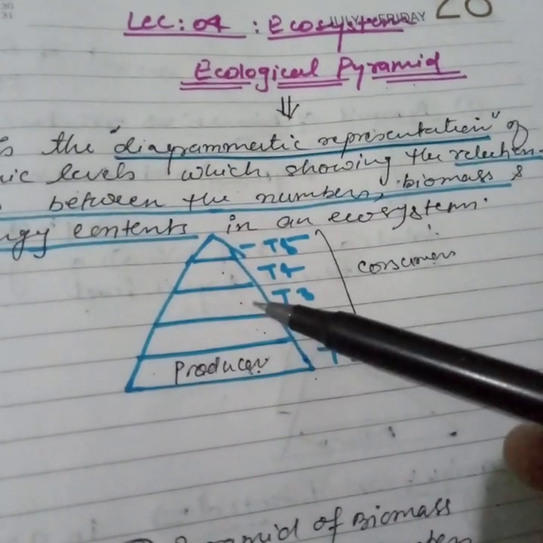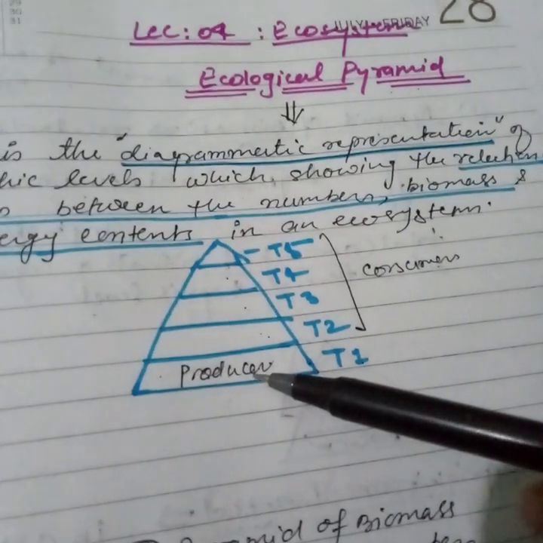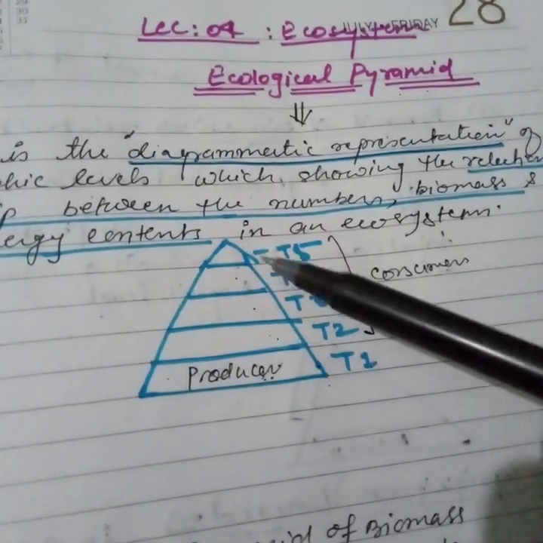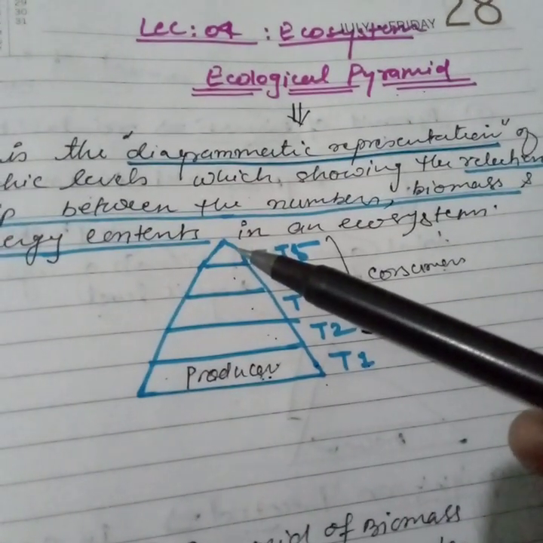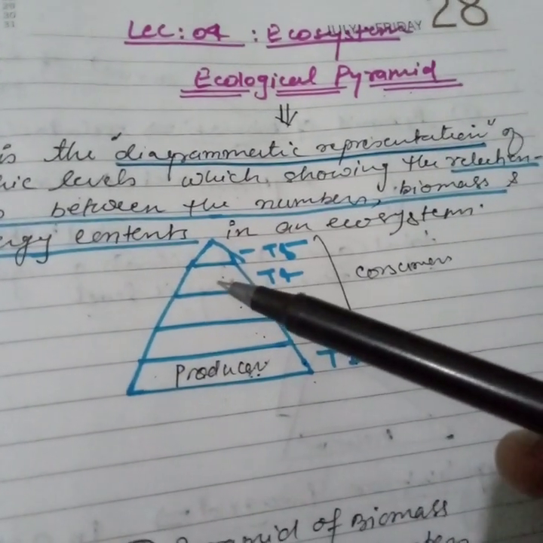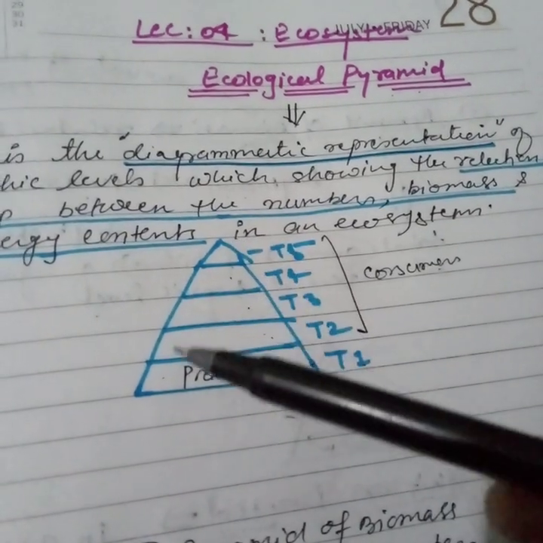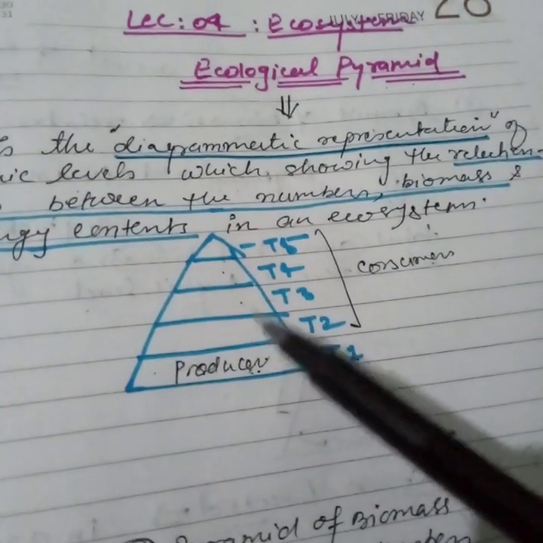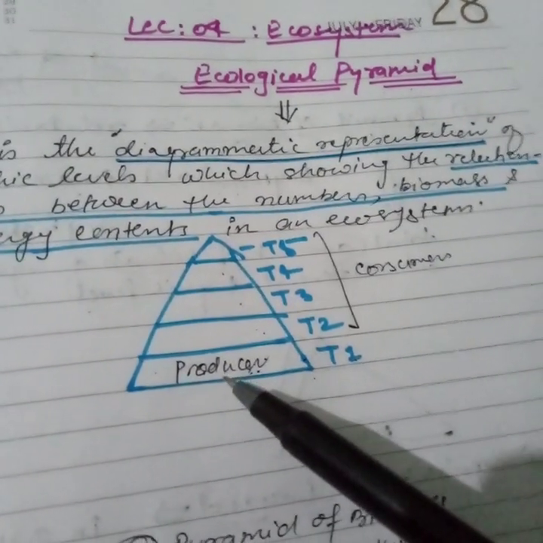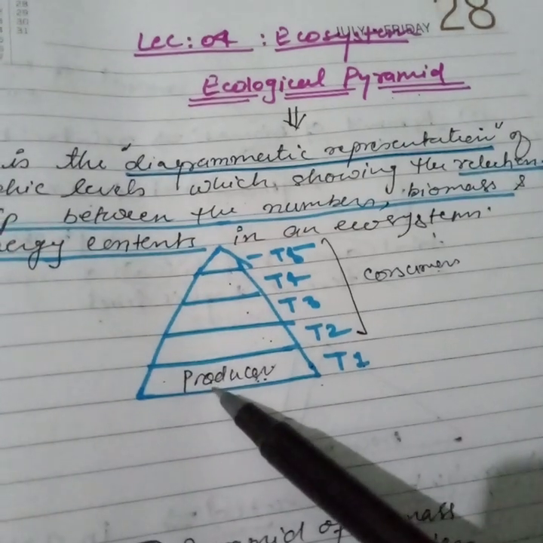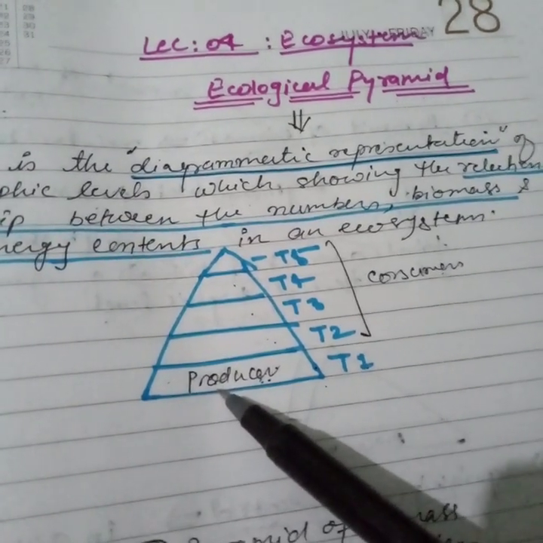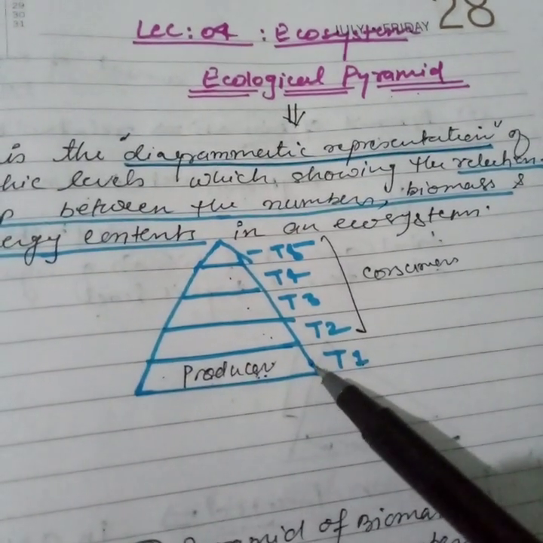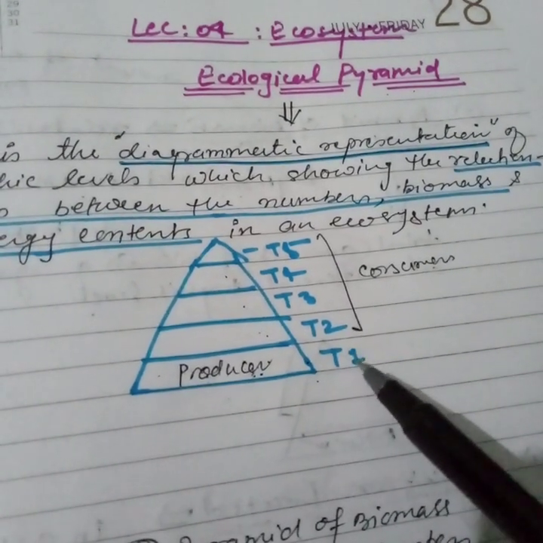So in this diagram you can see the structure of the ecological pyramid, which attains the pyramid shape. That's why it is known as the ecological pyramid. In this ecological pyramid, you can see the base of this pyramid is occupied by the producers, which have the first trophic level.